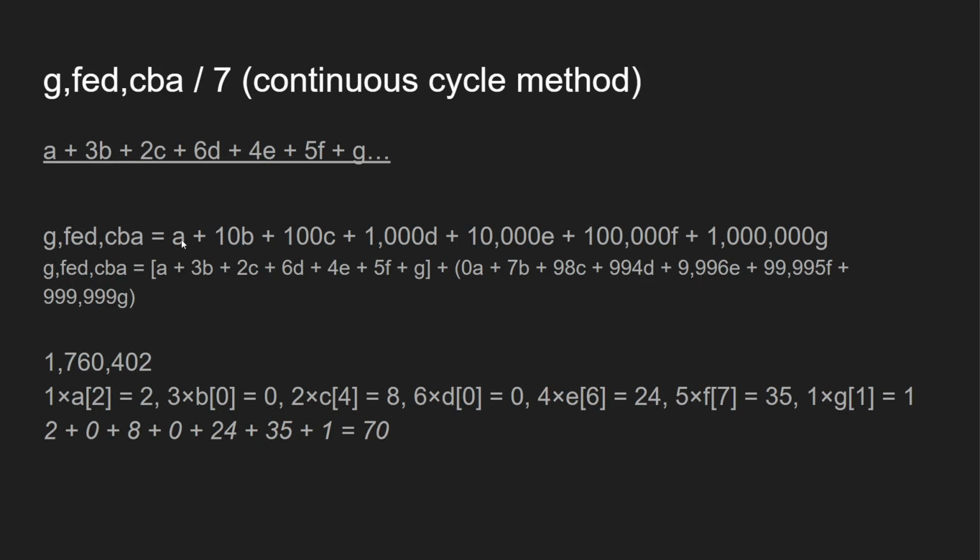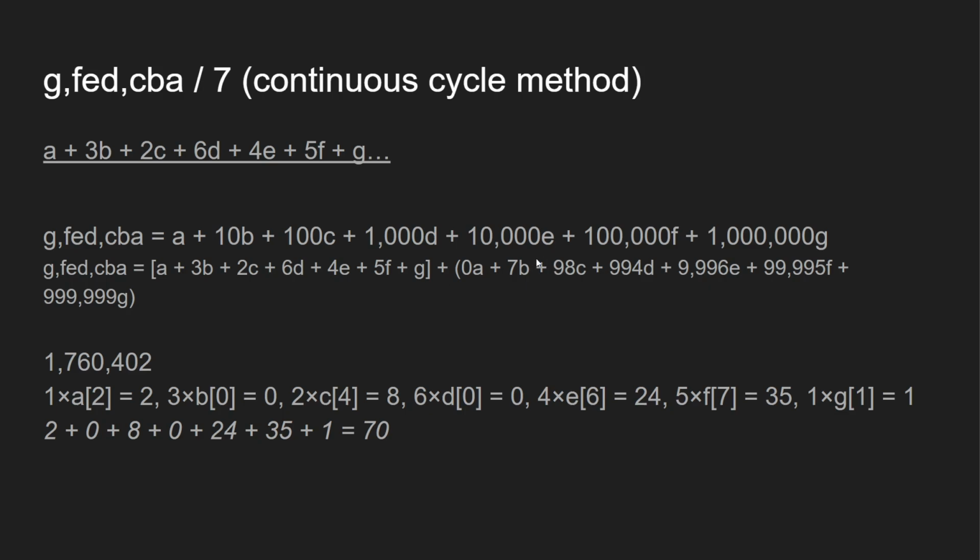And this is why it works. A plus 10b plus 100c plus 1000d plus 10,000e, and so on. If we split that out, that gives us A plus, we remove 7 from 10b to get 3b, we remove 98 from 100c to get 2c, and so on: we remove 4 from 10,000e to get 4e, and we remove 99,995 to get 5f, and we remove 1,000,000 minus 1 for the next cycle.